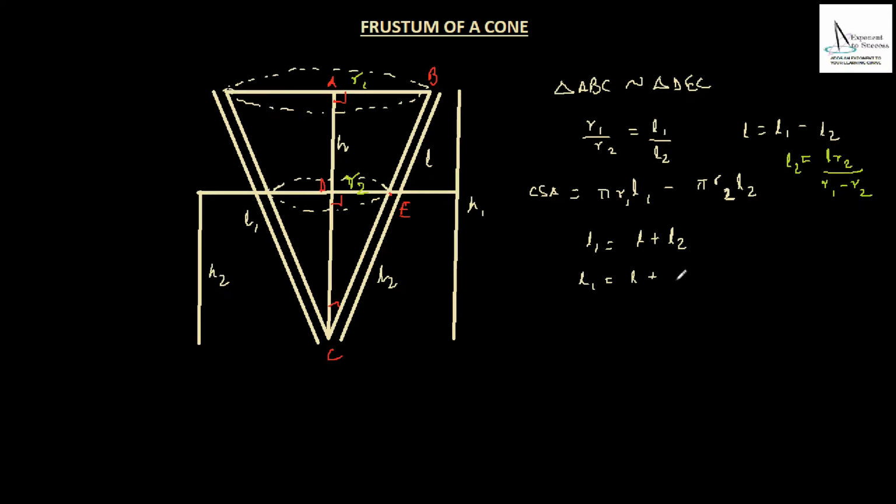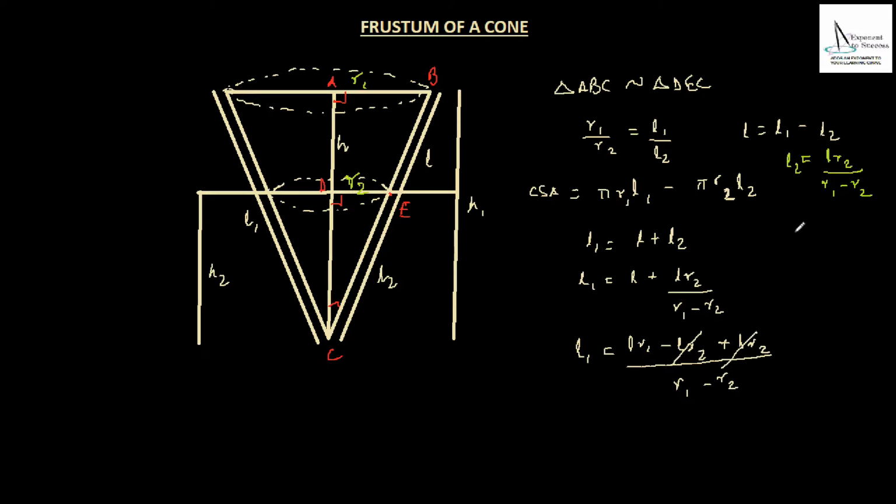So L1 will become equal to L plus LR2 over R1 minus R2. Simplifying the right hand side, we can multiply R1 minus R2 to L, so that becomes LR1 minus LR2, and we already have an LR2 in the second term, so that becomes plus LR2 over R1 minus R2.